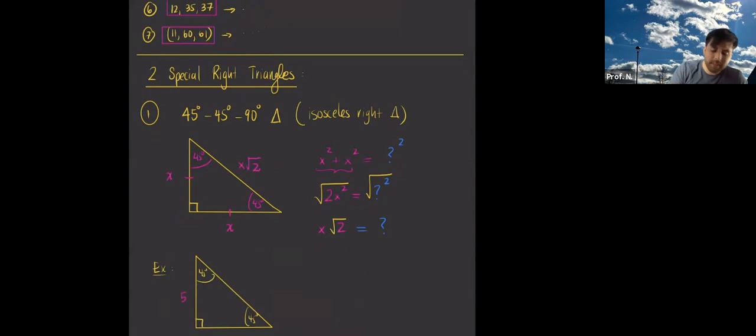If the side opposite one 45-degree angle is 5, then the side opposite the other 45-degree angle is also 5 because it's isosceles, and the hypotenuse would have to be 5 rad 2. If you don't believe me, you can try it yourself with the Pythagorean theorem, and you still get 5 rad 2. That's why it's special: once you know one of the sides, you know all of the sides immediately. That's only for 45, 45, 90.